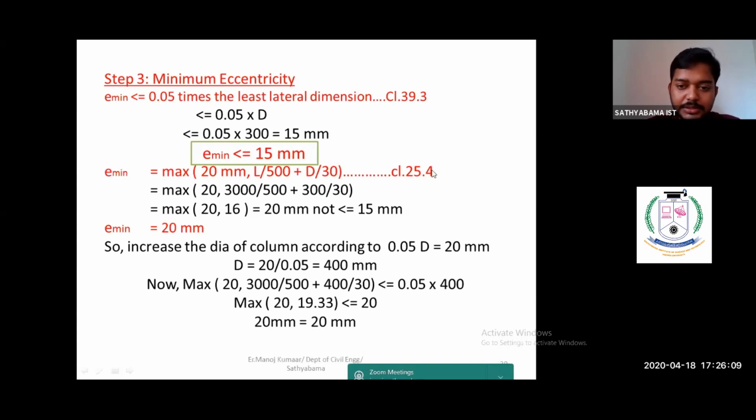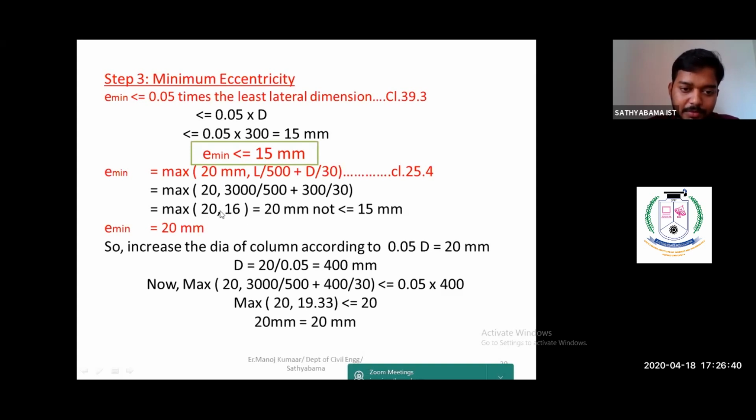Now, as per clause 25.4, we have two specifications for calculating minimum eccentricity. One is 20 mm and the other one is L by 500 plus D by 30. We need to consider the maximum of these two values. So 20 is fixed, and L is 3000 divided by 500 plus diameter 300 divided by 30, we are getting 16.